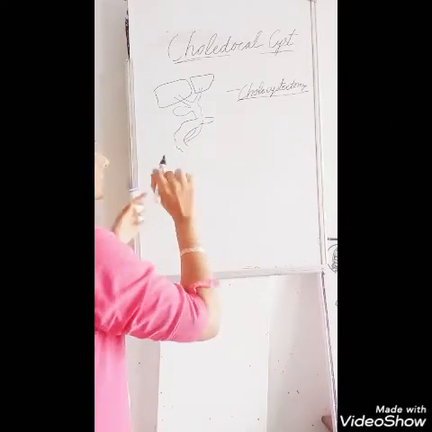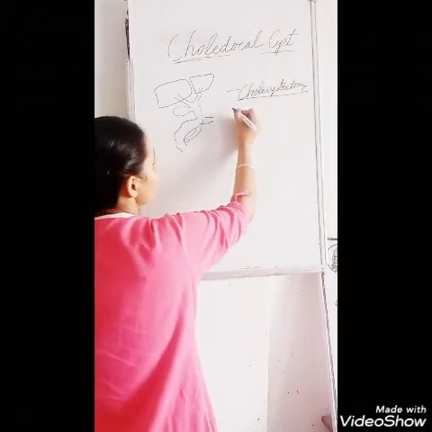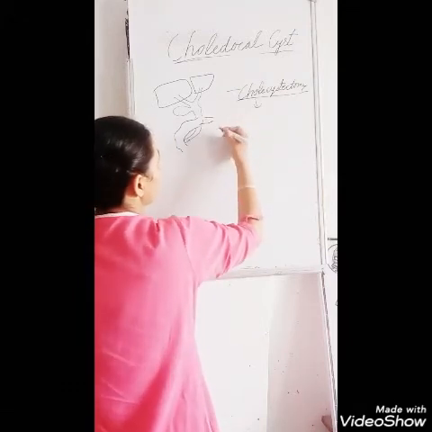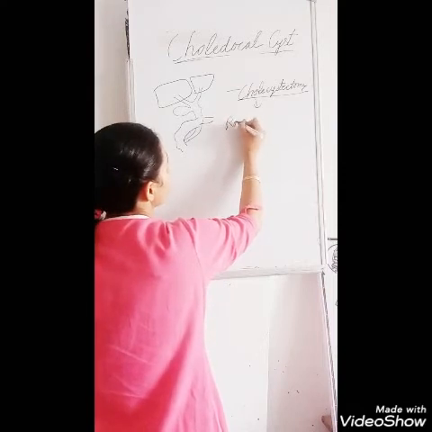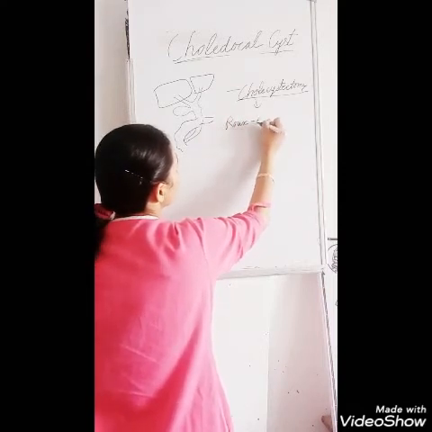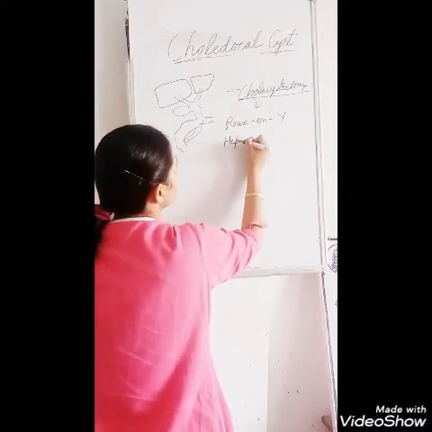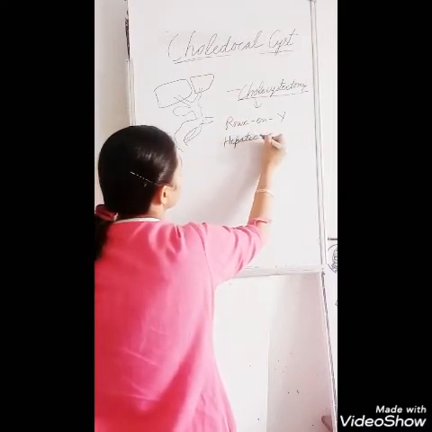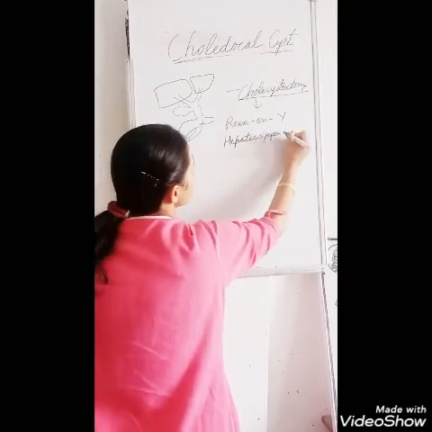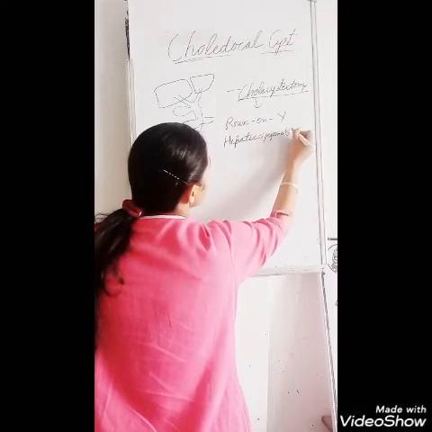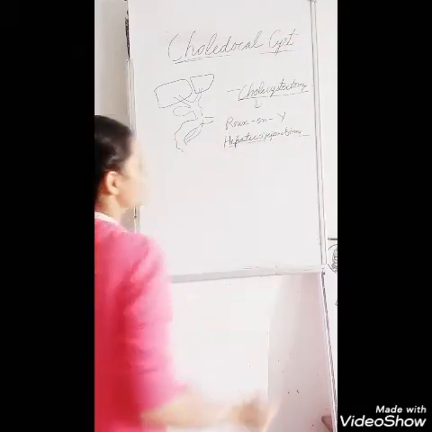So that is done in a particular manner. The cholecystectomy is followed by reconstruction of the biliary tree, that is known as Roux-en-Y hepaticojejunostomy.